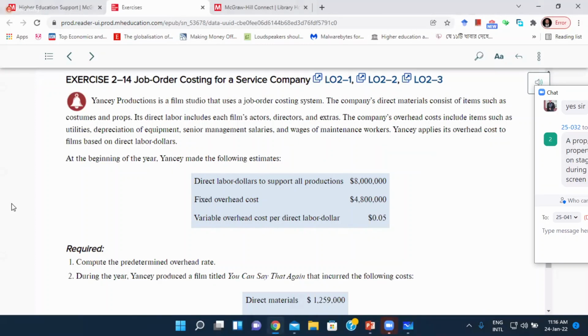A prop, formerly known as property, is an object used on a stage or a screen by actors during a performance or screen production. Okay, it can be any object which is particularly relevant for a particular movie, not relevant for other movies.